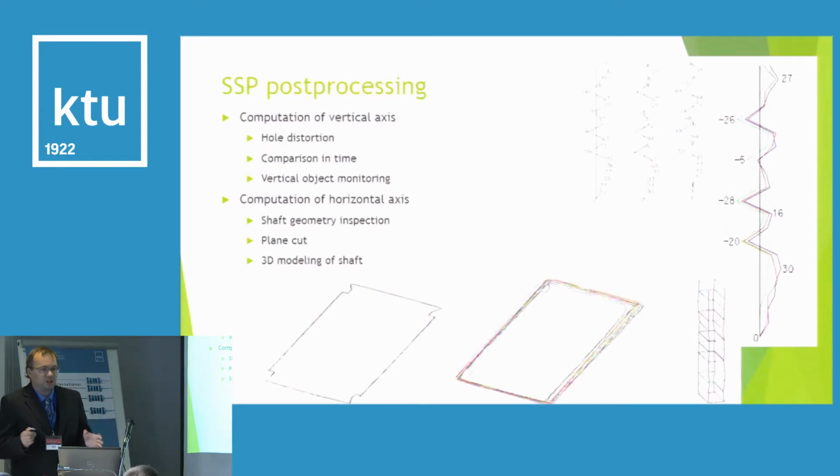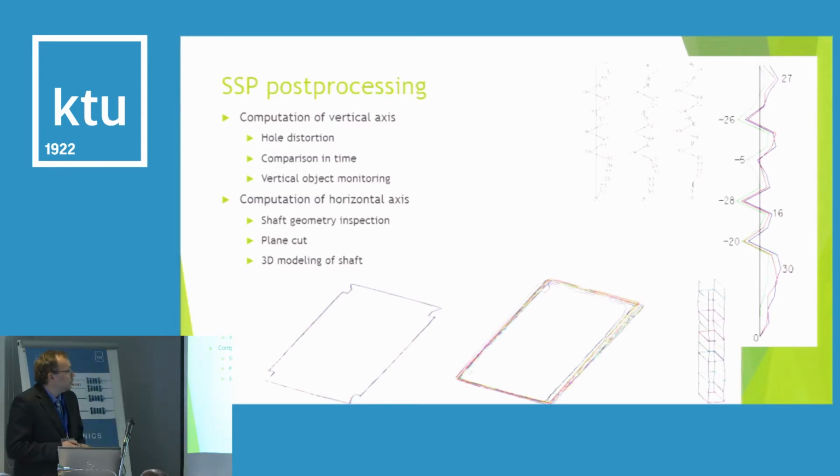Maybe you know photogrammetry generally. I don't know if you're familiar with the system, but we're taking a picture, and then we would like to compute the properties or dimensions of the shaft. The hole distortion is very important, because if you remove the materials, it's not only the hole to the ground, but you have many horizontal tunnels in the shaft.